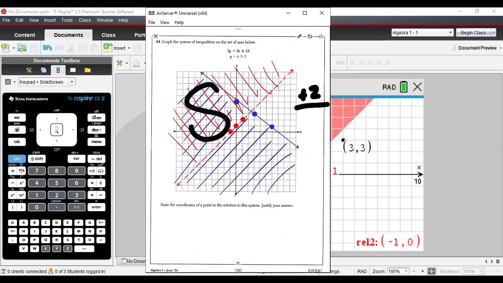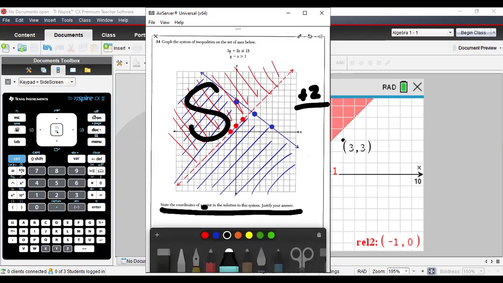Now to get the other 2 points, it says down here, state the coordinates of a point in the solution. So I am just going to find a point in the solution set. I am going to say right here, whatever this point is. So 1, 2, 3, 4, 5, 6.